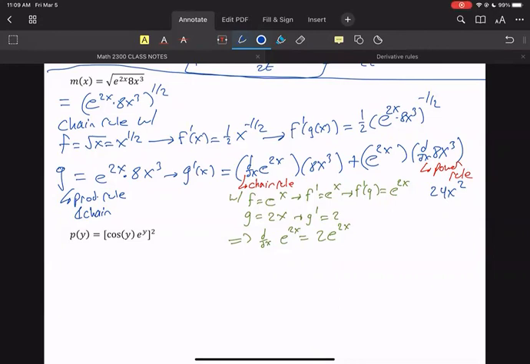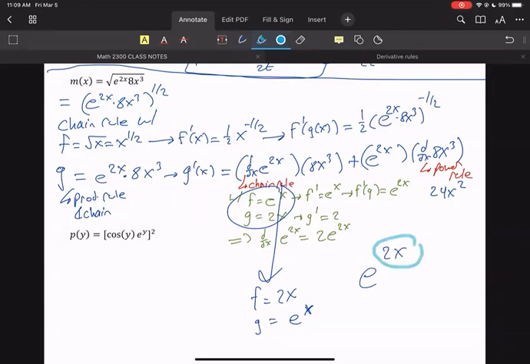So notice how the question, for those who are online, the question was in this chain rule part, why isn't it the other way around? Why isn't it f equals 2x and g equals e to the x? And we talked about this, it's something that's come up a couple times now. Notice how e to the 2x is in the exponent, right?